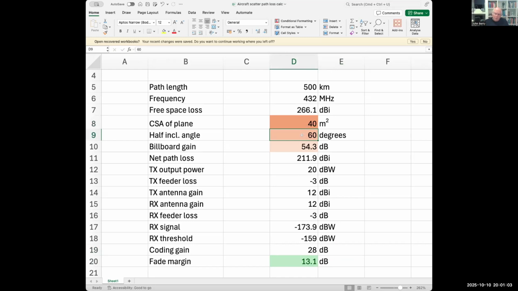The angle is quite important because if I were to use straight up and straight down, that is to say 0 degrees, if I actually put in there 0 degrees, oh, it works. Okay, didn't expect it to. It works. If I put in there 85 degrees, which is a glancing transmission, so it's coming up, hitting the aircraft and going down at 85 degrees, then it stops working.